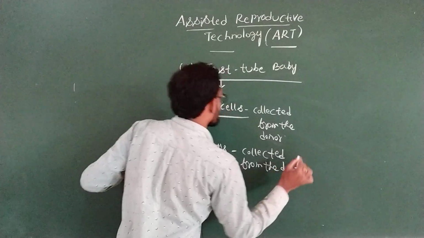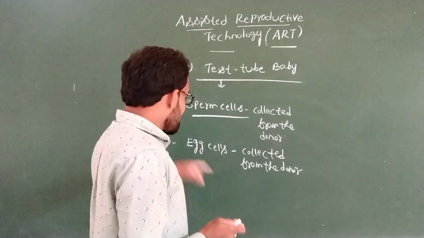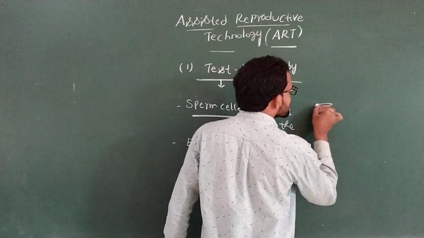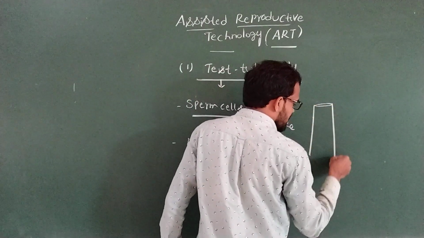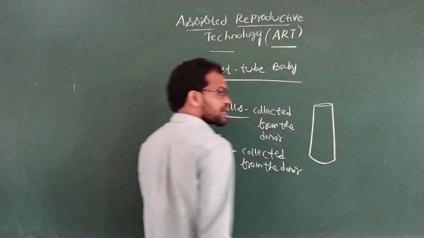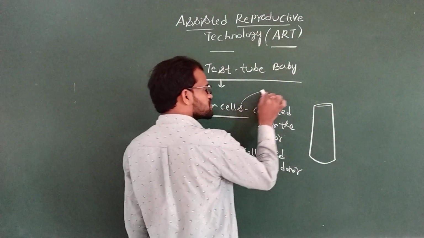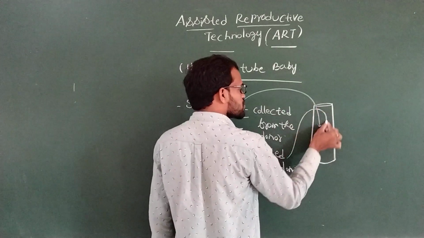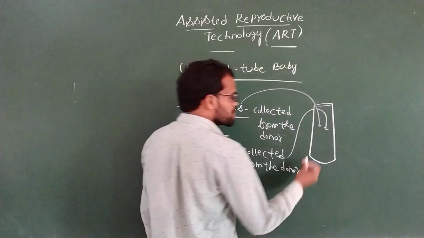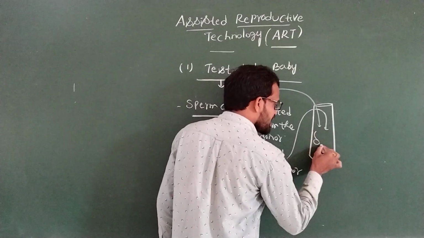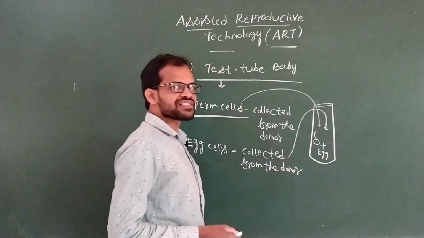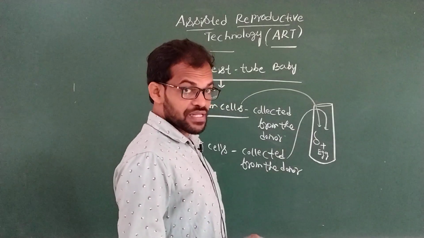Both sperm cells and egg cells are collected from the donors. These two cells are fused inside the test tube. First, the sperm cells are placed inside the test tube. After that, the egg cells are also placed into the test tube. The male sperm cells and the female egg cells are fused.